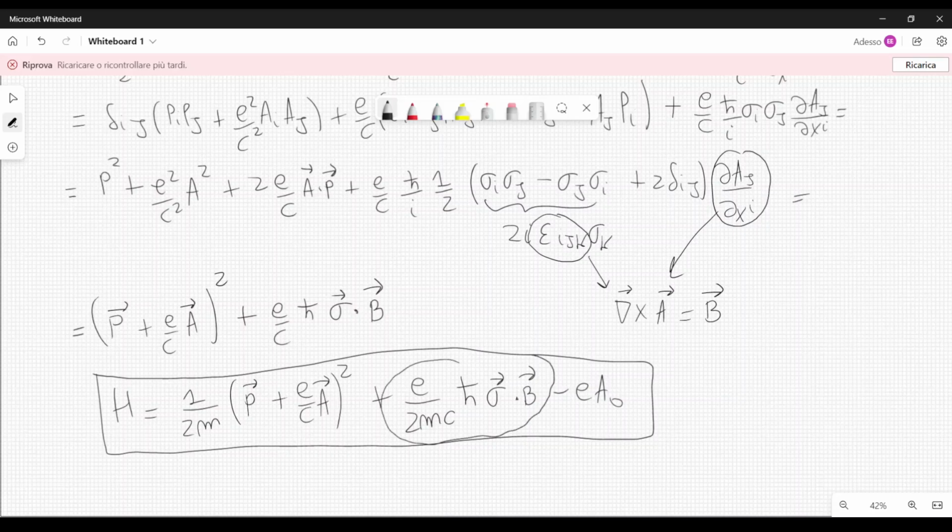This term, you can see, takes into account the fact that we have spin. So the electron also has a spin, and it will influence our Hamiltonian when we take the dot product between the Pauli matrices and the magnetic field. So you can see it here. And this is the way that Pauli wrote the Hamiltonian, by taking into account a system where we also have spin, a particle with 1/2 spin, which is the electron.